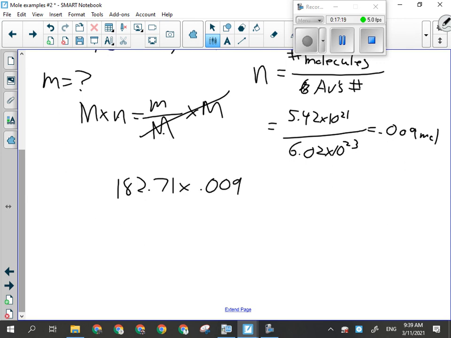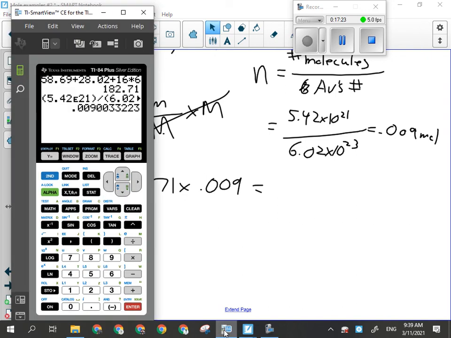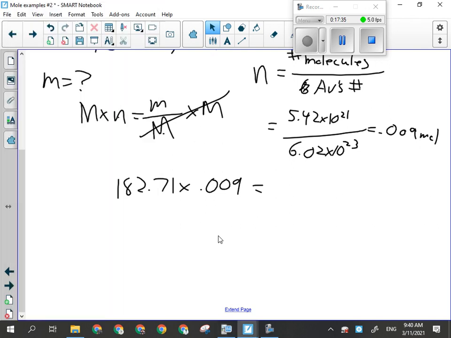Here's big M, here's N. So we're looking at 1.64 grams for my mass.